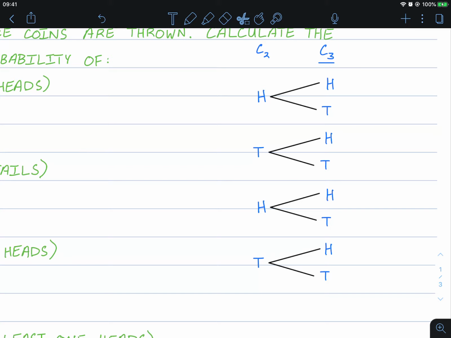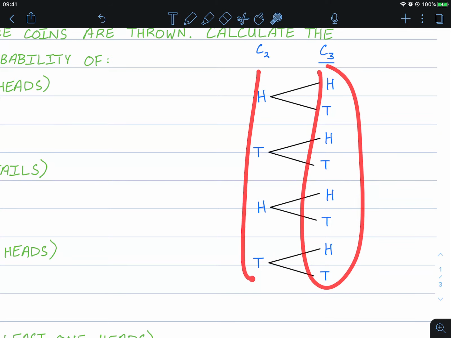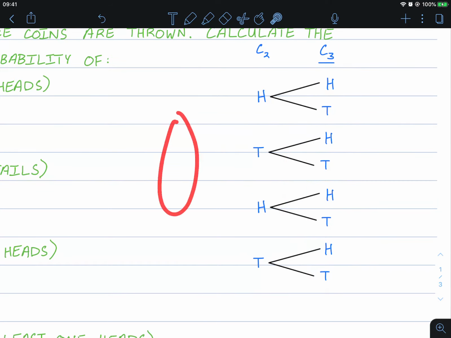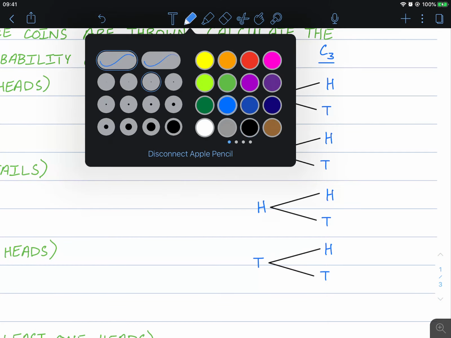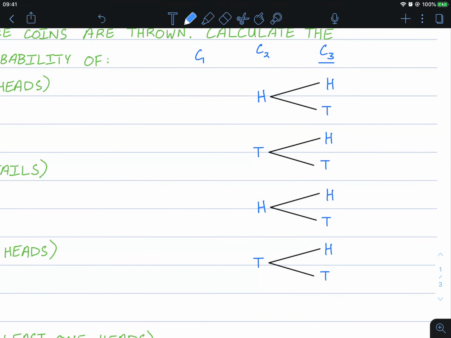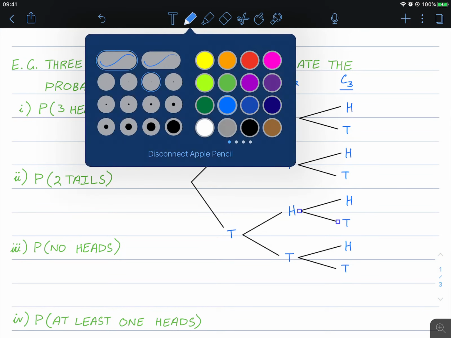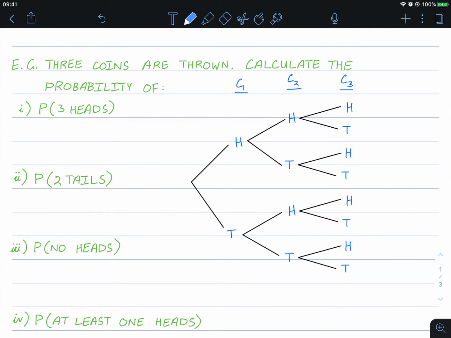So notice how it's 8, 4, the last one will be 2. So for coin 1, it could also be heads or tails, like so. This is the beginning. And there we have a probability tree for 3 coins being thrown.